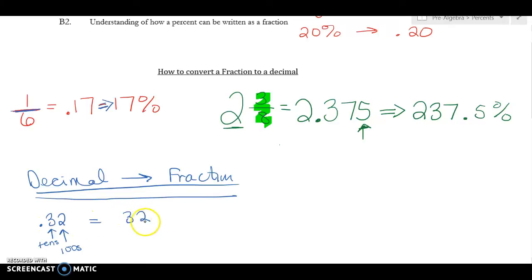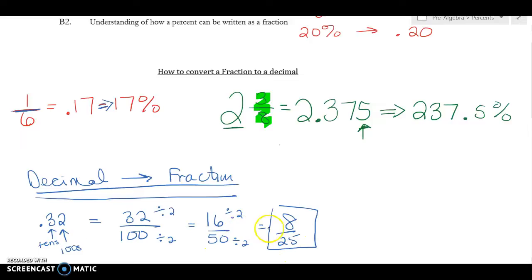So it's 32 over 100. And then you have to reduce it. And so I'm dividing both of them by 2, and I get 16 over 50. Well, they could be divided by 2 again. And so I get 8 over 25. And so that's how you would write a decimal as a fraction.